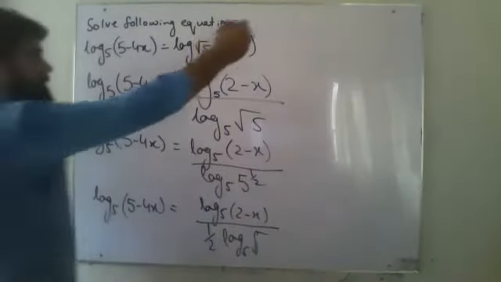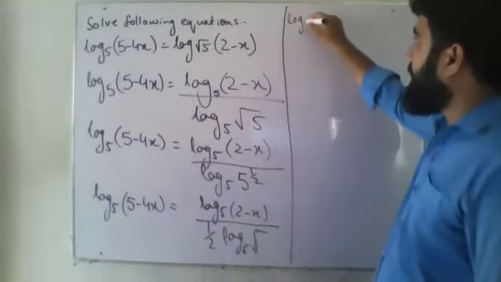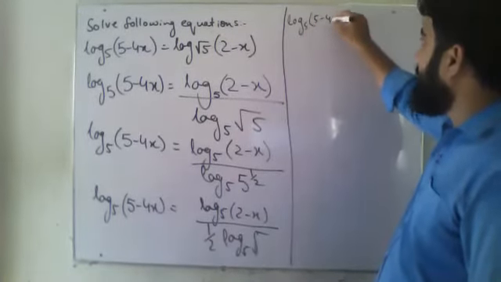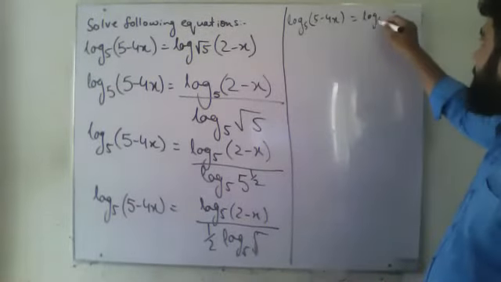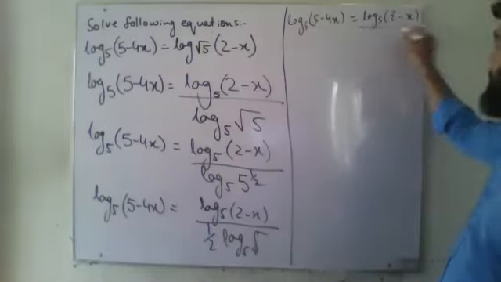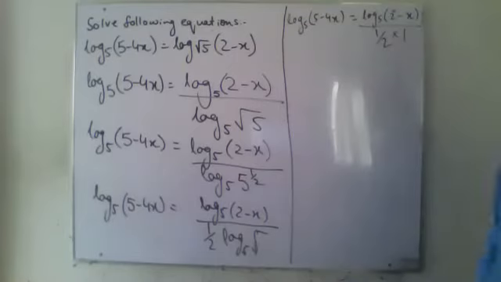Next, log base 5 of (5 minus 4x) equals log base 5 of (2 minus x). The half will be written as it is, and log 5 of 5 becomes 1.